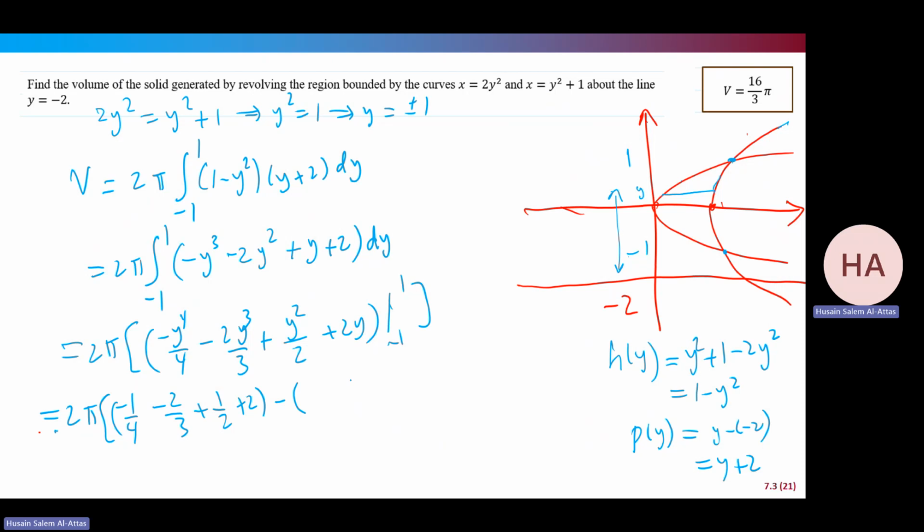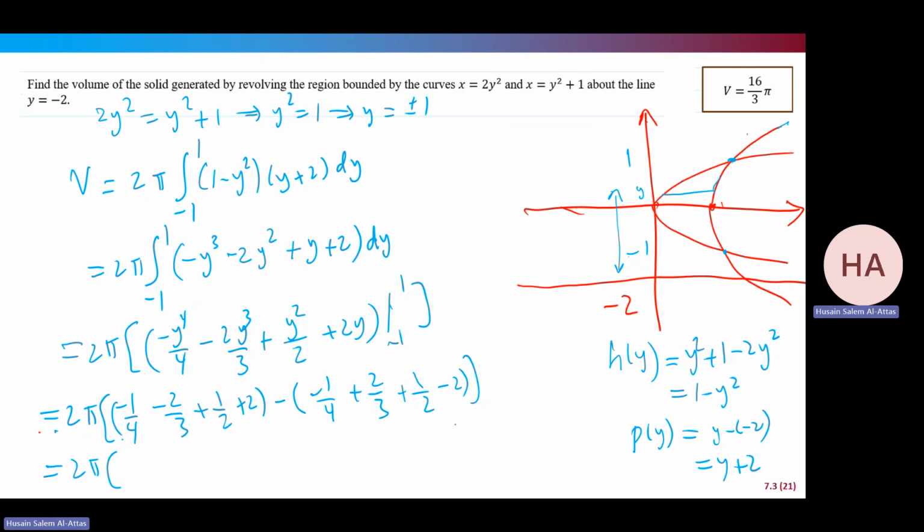Now substitute minus 1. That will be minus 1 over 4, plus 2 over 3, plus half, minus 2. That's my calculation. Do it the way you like.